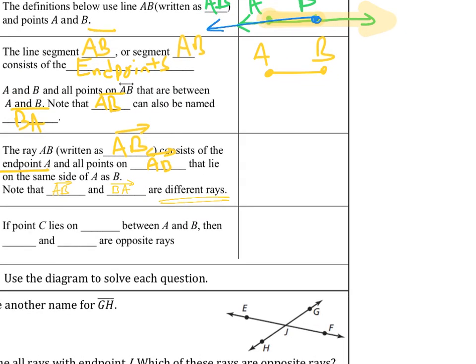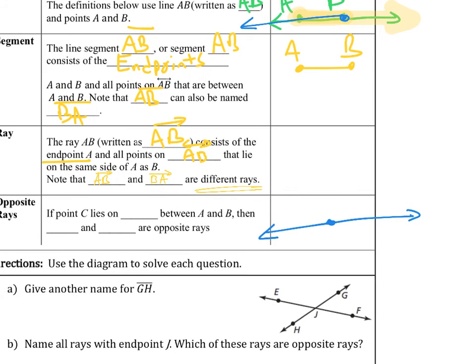Now, we're also going to talk about these things called opposite rays. Opposite rays, to finish this off here, are rays that go in the opposite direction, but they share an endpoint. So, if we have C in between A and B, so that point C is on the line AB, and it's between A and B, then we have two opposite rays.